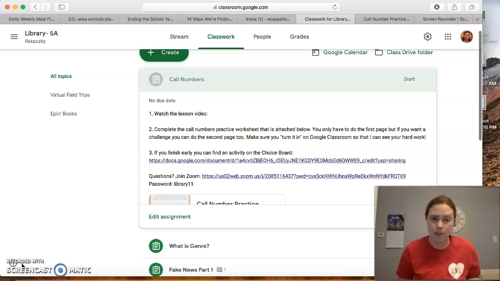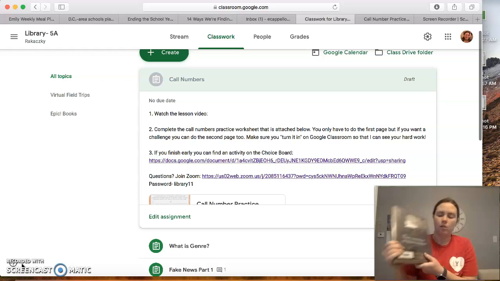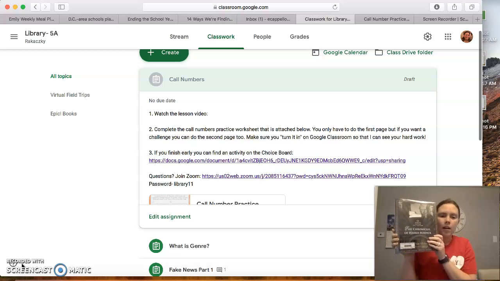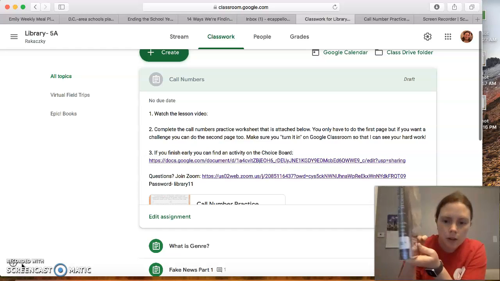And then the most tricky one is the nonfiction books. And this is Dewey Decimal System, which is very difficult sometimes until you get the hang of it. So this is the Chronicles of Harris Burdick, which you guys read some of these stories at the beginning of the year. And I'll probably read one more too this year. But Dewey Decimal involves the decimal system.